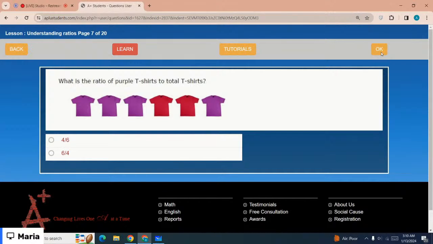The total t-shirts are 6 and the purple are 4. So that is 4 to 6. The correct option is 4 to 6, right?